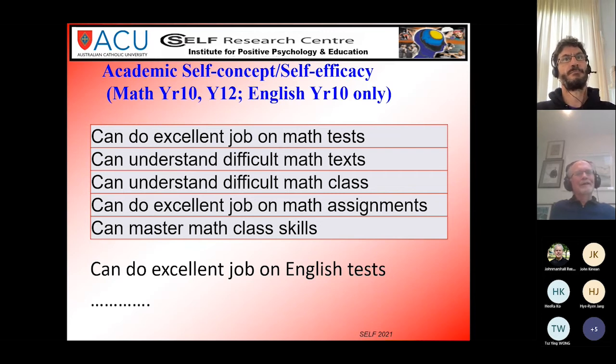Interestingly, I don't know why, there's a good English test and math and English in year 10, but in year 12, they're saying their focus is on mathematics. And so there's no English self-concept in year 12, which is somewhat surprising, but okay, that's what it is.